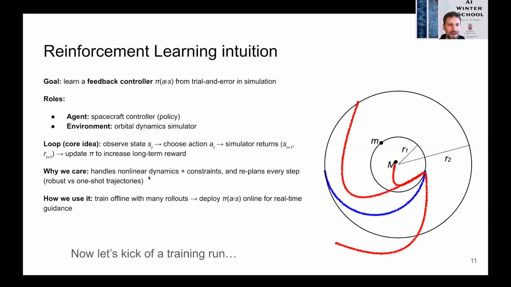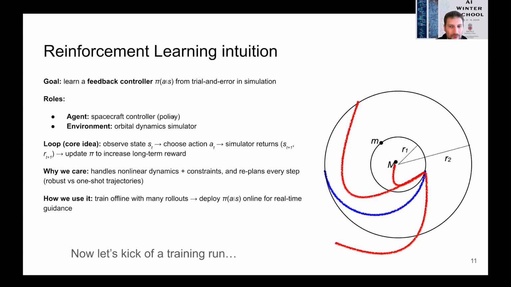And the core idea here is to have your agent observe a state, choose the next action to perform at time t, provide that information to your simulator, your environment, which will return, okay, given the state and the action the agent took, what is the next state? And then use that to make the next decision with your agent.